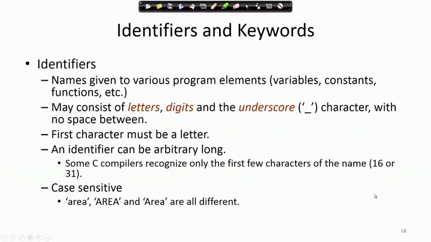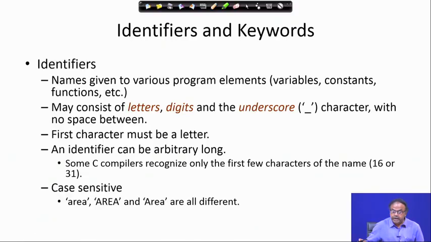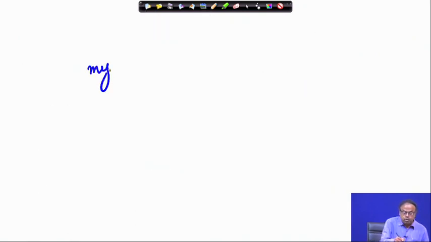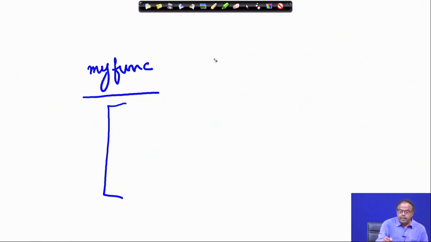Now, the identifiers and keywords, we have also talked about that. Names are given to very different programming elements. For example, variables we already know, constants we already know, functions we have already seen. Each of them is given some name. For example, when I wrote myfunc, that was a name given to a particular function, all right.